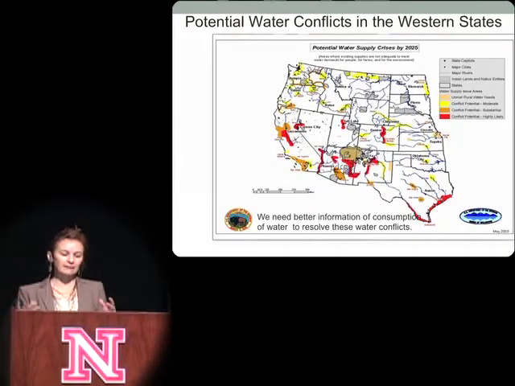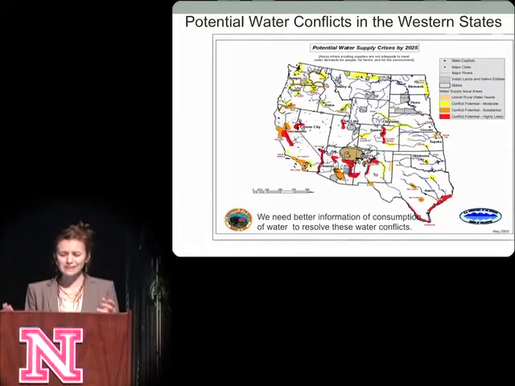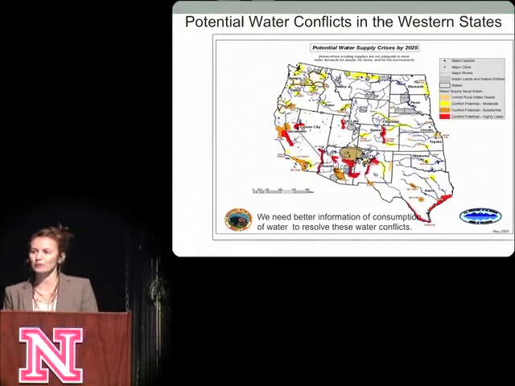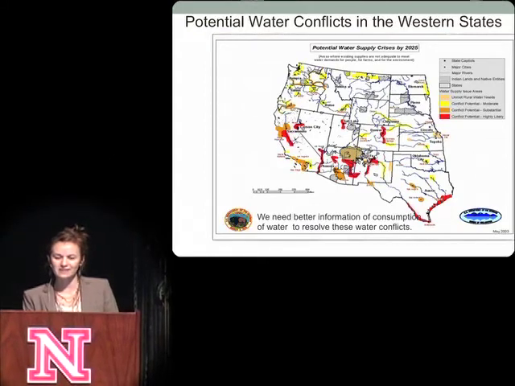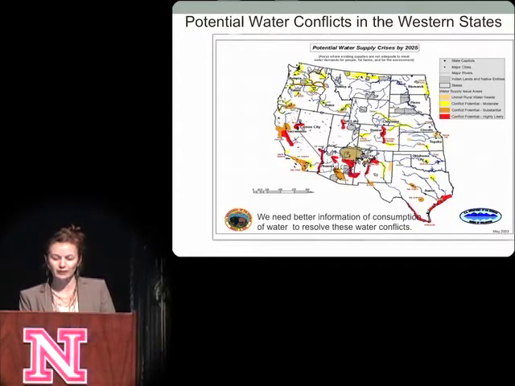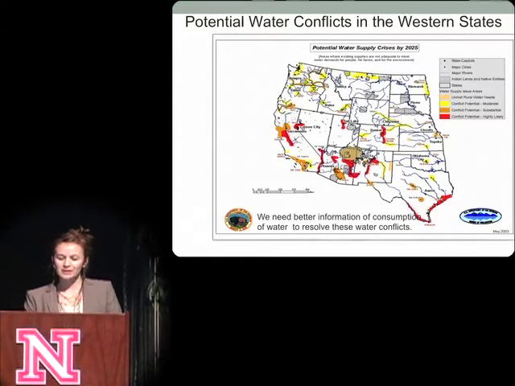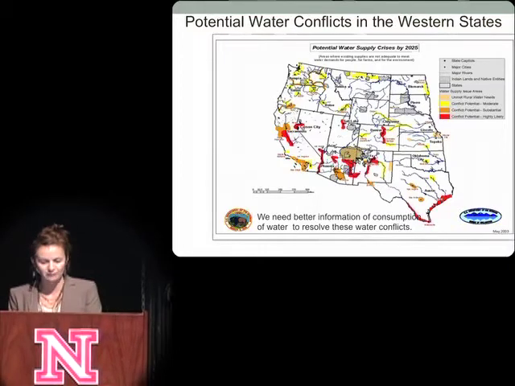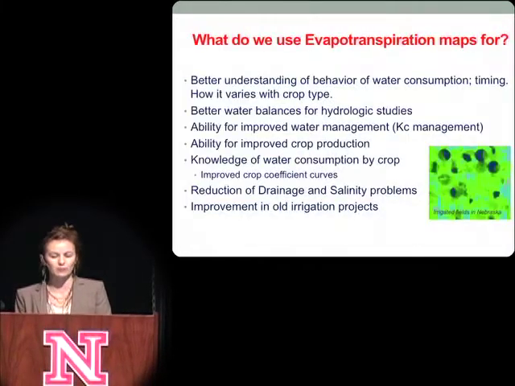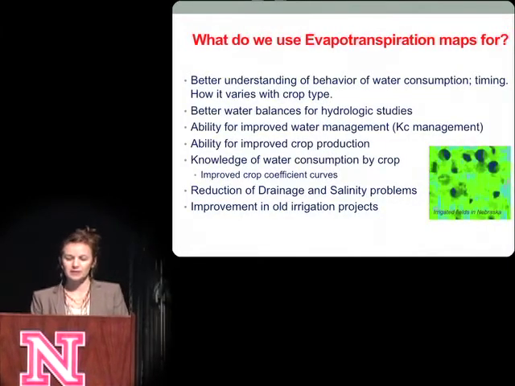Well, we have these maps, but what are they good for? We can use this to solve some of these potential water conflicts in western states. This is a report from the Bureau of Reclamation. There are a lot of conflicts over water in western states, and we can use this satellite-based information to resolve some of these issues.